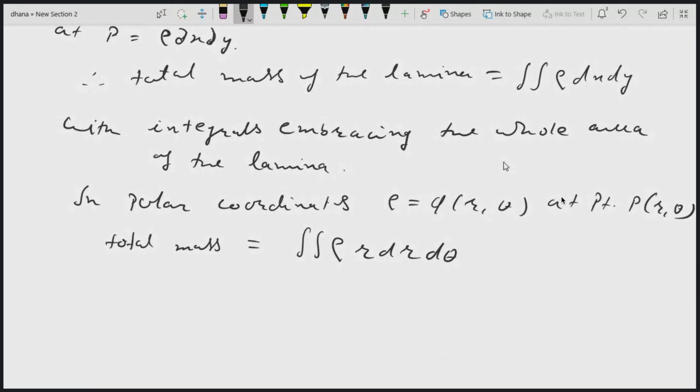Now instead of a plain lamina, you can have a solid also. So mass for a solid.